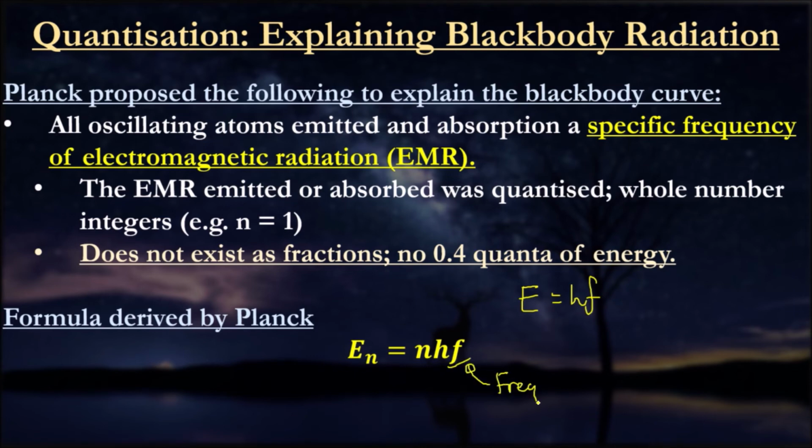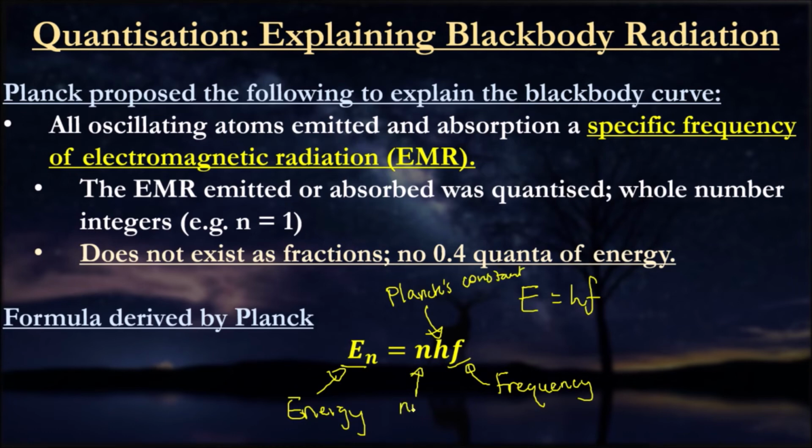So he predicted that the frequency of the light would dictate the energy the light was carrying. So what about h? h is known as Planck's constant. We'll talk about what that value is later on. And n is obviously the number of electromagnetic radiation quanta that was released.